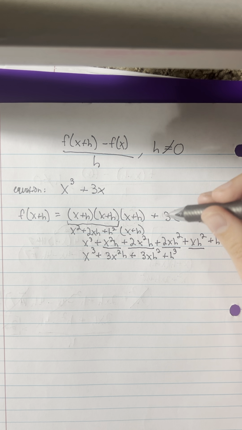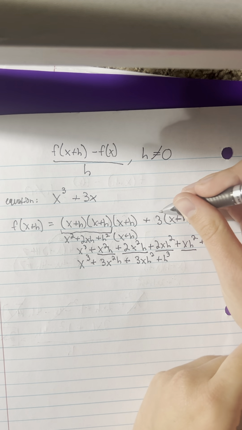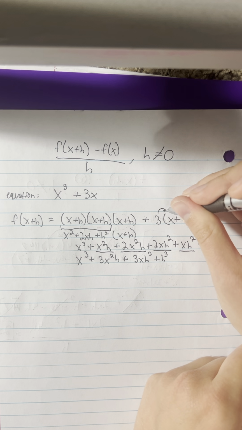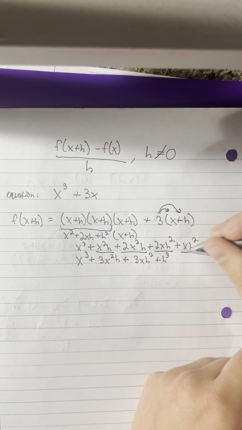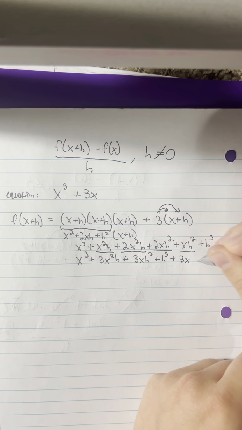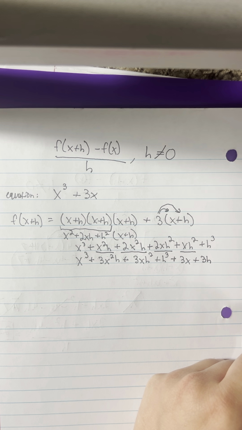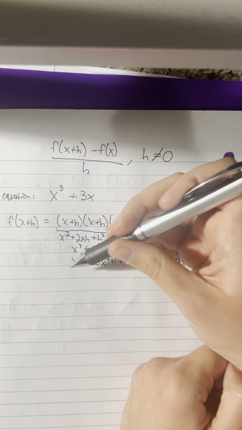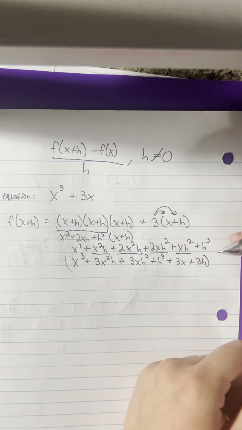So then we have that, and now let's remember this part up here, so we distribute plus 3x plus 3h.